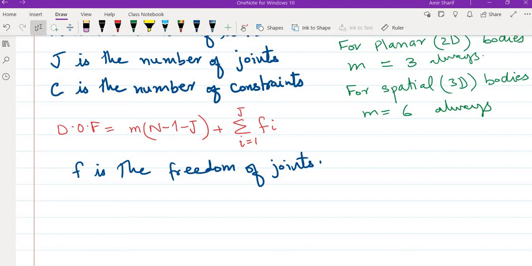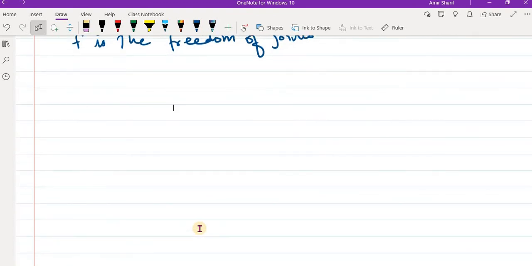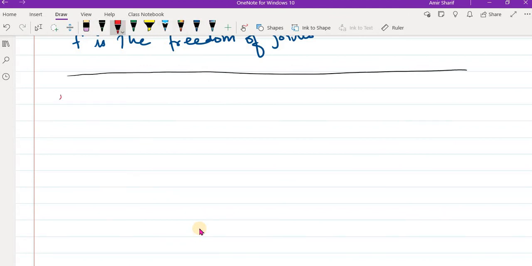Okay, so let's see a small example. In this example we have a robot which looks something like this.